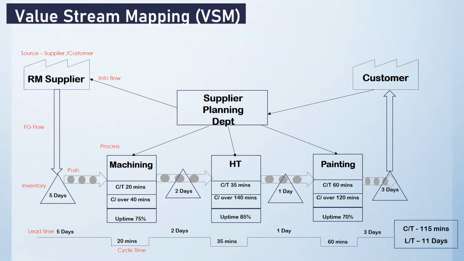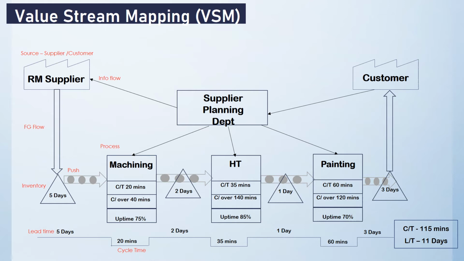I've mentioned different symbols here, and along with the symbols I've mentioned the red color. What is each symbol used for? First, you can see source, supplier or customer: a small rectangle with half triangles is used. For finished goods flow the arrow is used, inventory is a triangle, and the push system is an arrow with an intermediate black color.